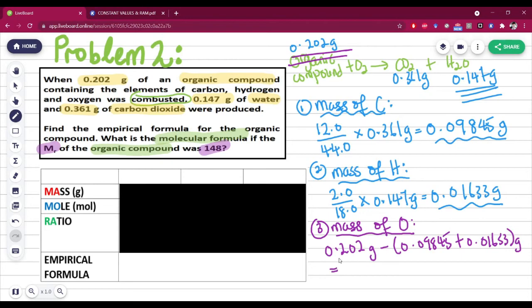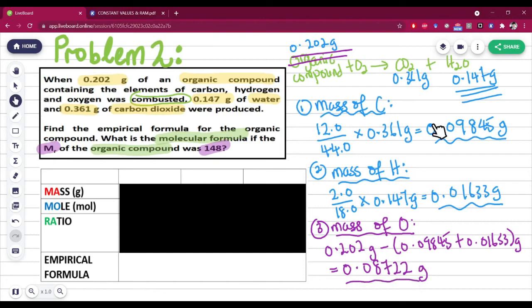And you should be able to get 0.202 minus 0.0985 plus 0.01603, you get something like 0.08722. Okay, so this is correct.